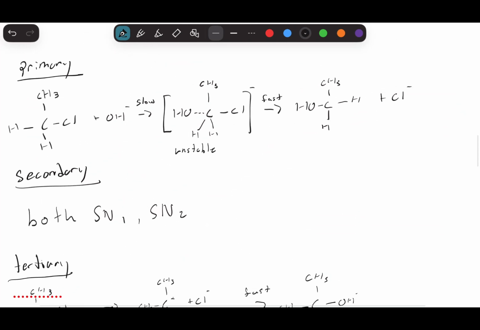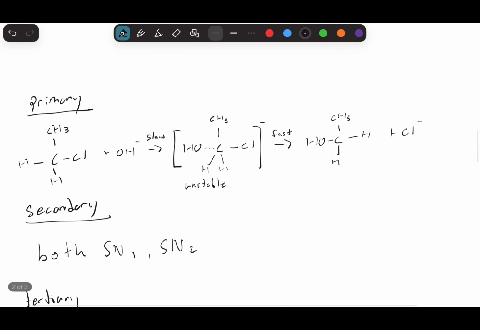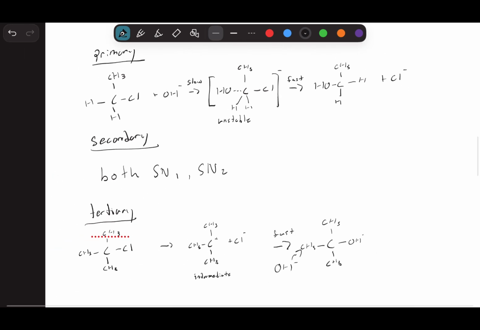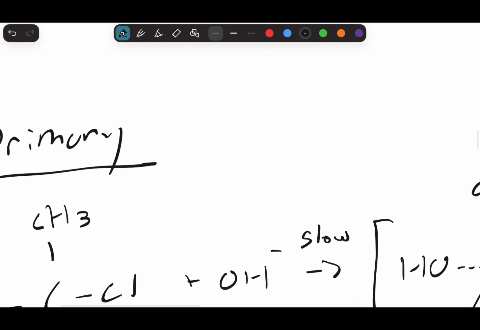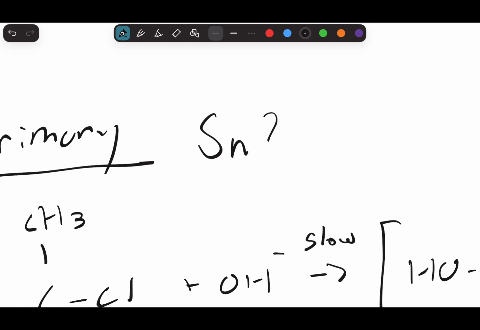I already had this drawn. So we have primary halogen alkanes, secondary halogen alkanes, and tertiary halogen alkanes, okay? Primary, there's an SN2 reaction.